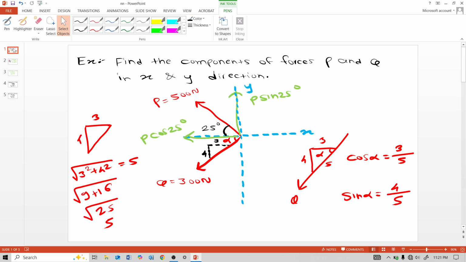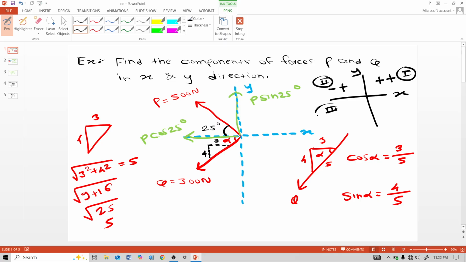So just see how we solve it. Just remember this concept is important. If your x component is this and y component is this, then in the first quadrant your x component will be plus, your y component will also be plus. In your second quadrant your x component will be minus and your y component will be plus.